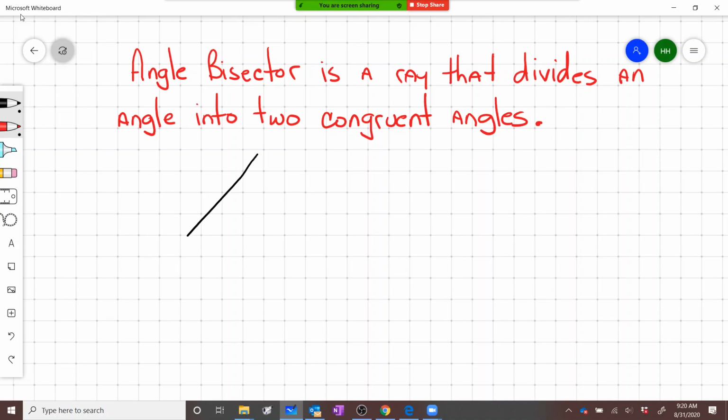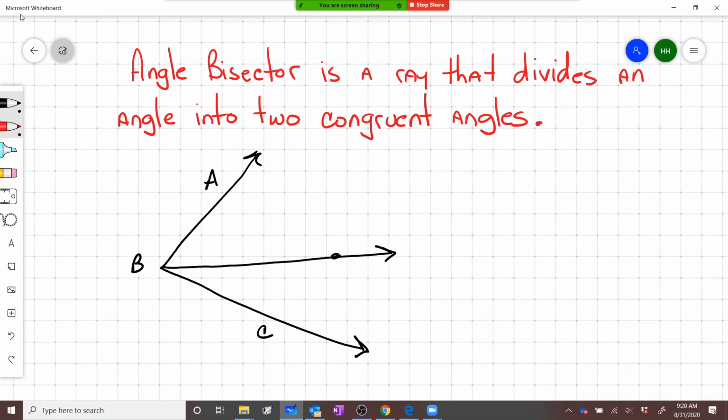So if you've got this angle right here, angle ABC, and you're told that ray BD is an angle bisector, then it splits angle ABC in half.